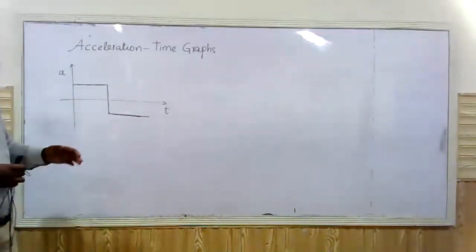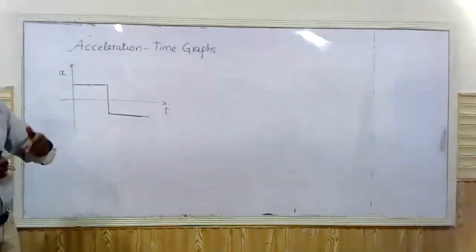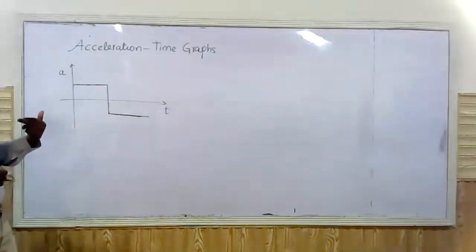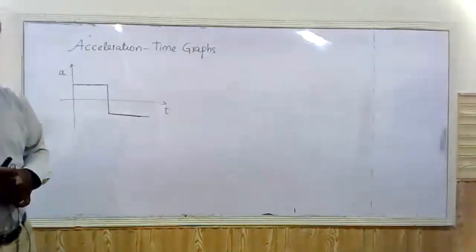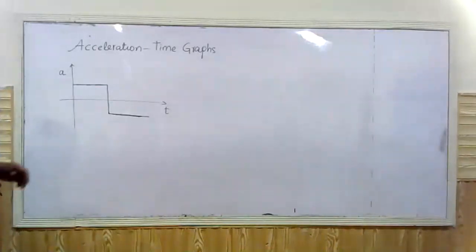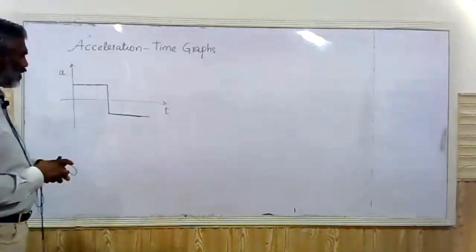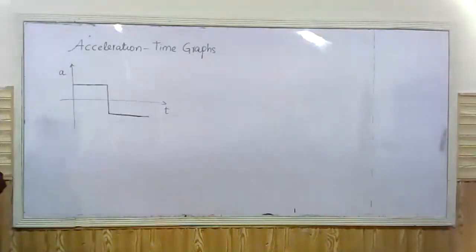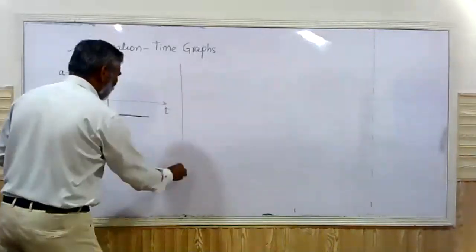That means its velocity decreases at the same rate. That means the acceleration changes its direction. It becomes negative, because negative acceleration often means deceleration. So this is acceleration, this is deceleration. If I want to show this on the velocity time graph, what should it look like?